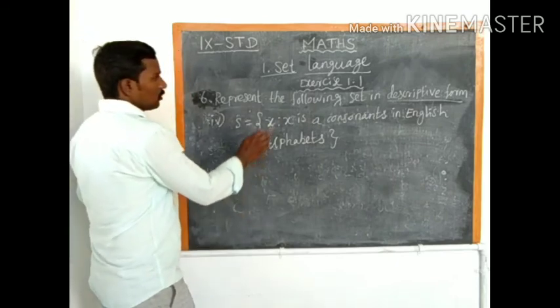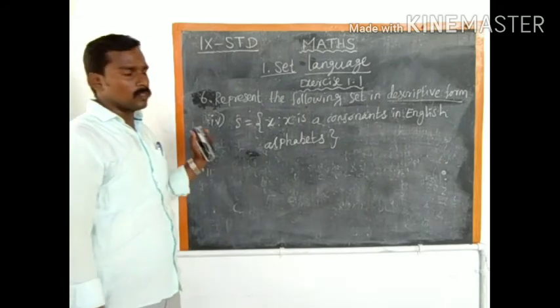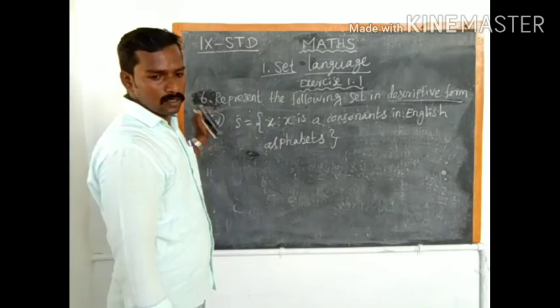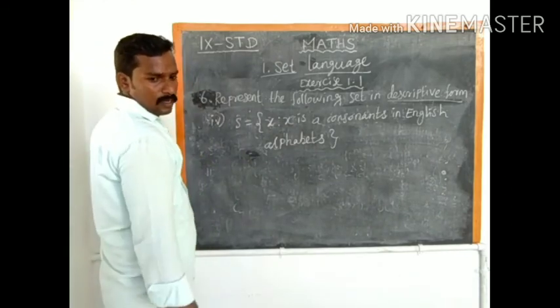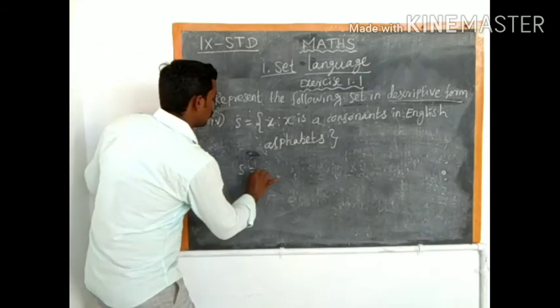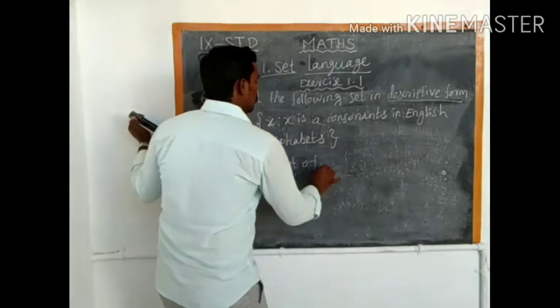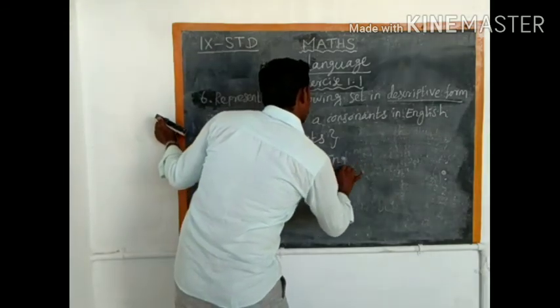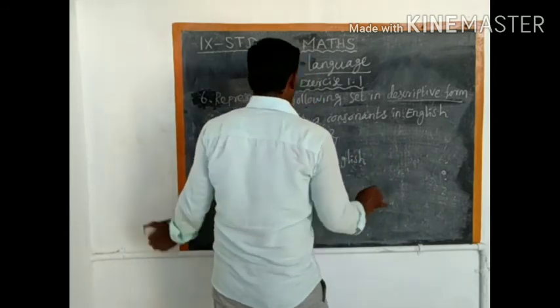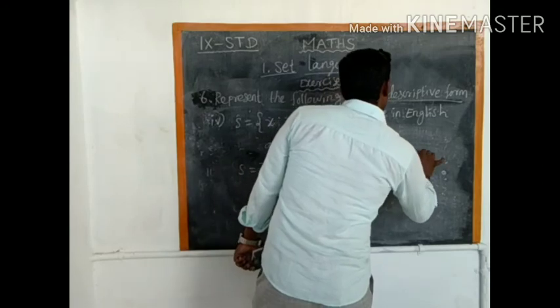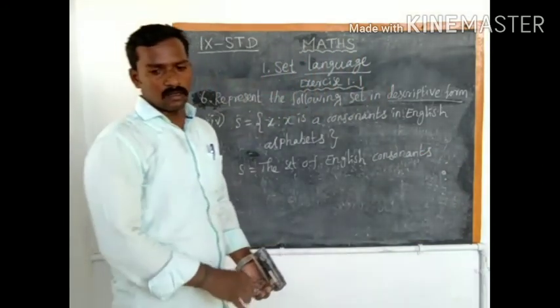Okay. So the form is a descriptive form. So you only want to write the answer in descriptive word type. Okay. So S is equal to the set of English consonants. That's all.